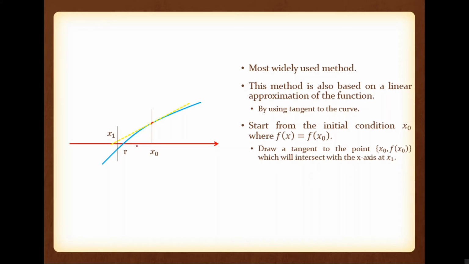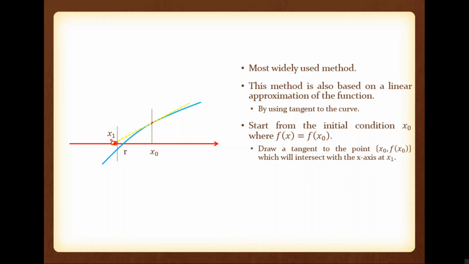Now you can see that this tangent intersects the x-axis at a point, which we can call x1. You can see that at x1, f of x is not equal to 0, but we are forgetting about that.